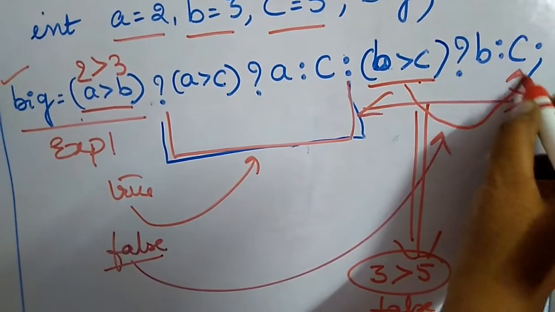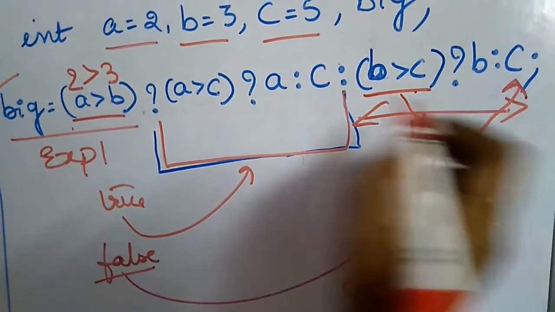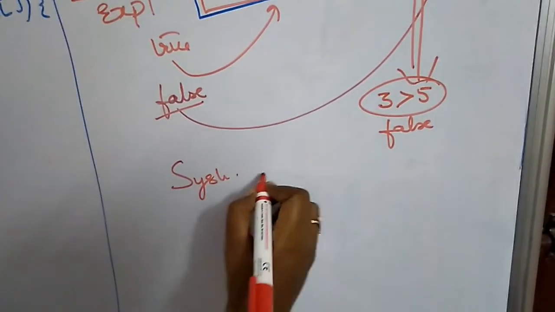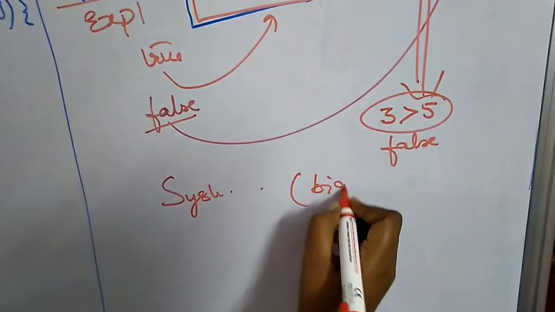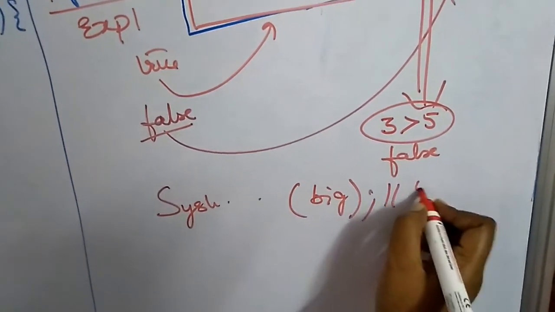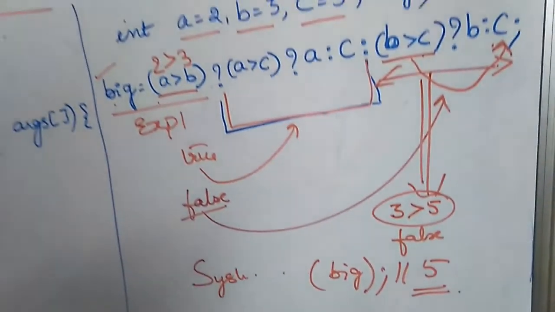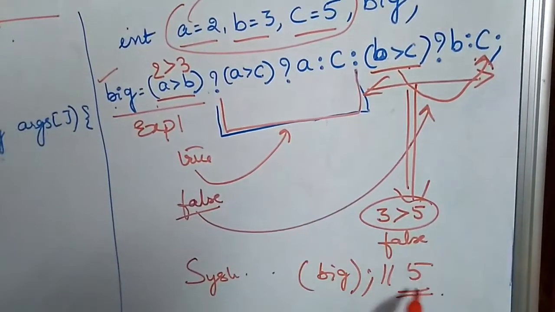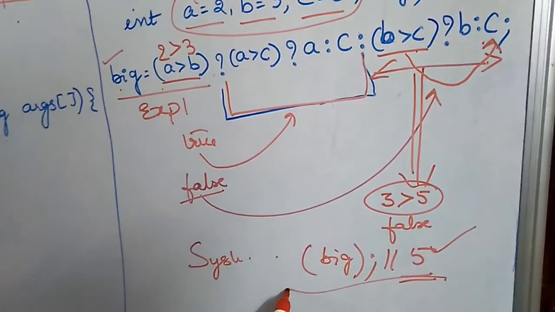Since this is false, c will be executed. So in big, c will get stored. If I print the value of big using system.out.println, the answer will be 5. The greatest number among these three numbers is c, and c has been stored and printed on the screen.